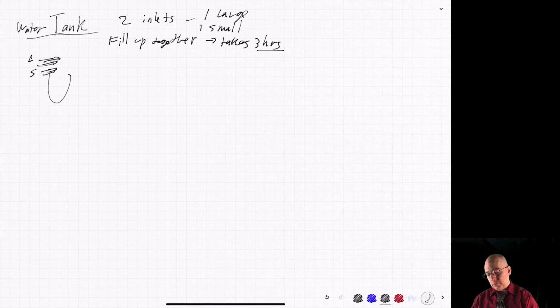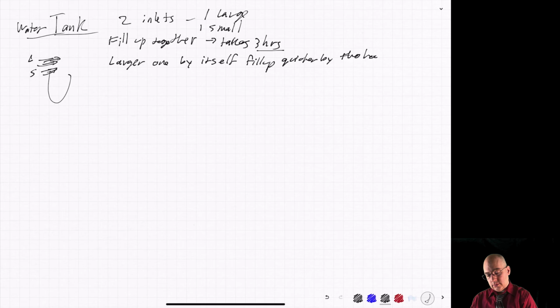Now we also know that the larger one by itself fills up quicker by 2 hours than the smaller one. And so what are the times to fill up?